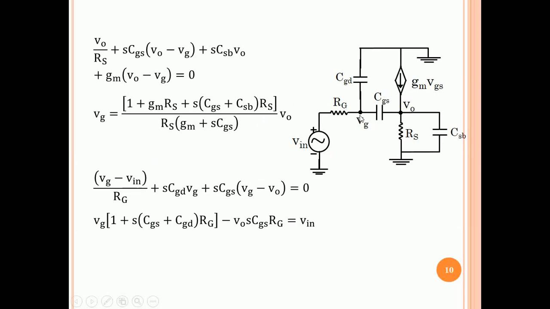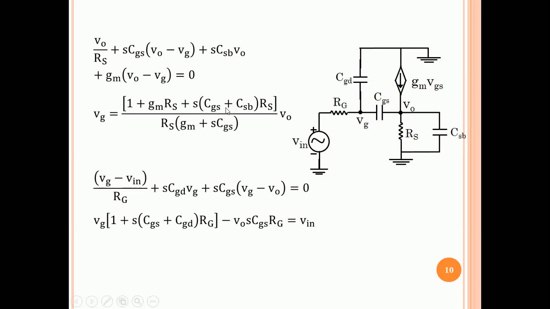At the output node: VO over RS plus SCGS into VO minus VG plus SCSB into VO minus GM VGS, or plus GM VSG, and VS is VO, so we get plus GM into VO minus VG, and multiply by RS. There is only VO and VG in this equation, so you can find VG.